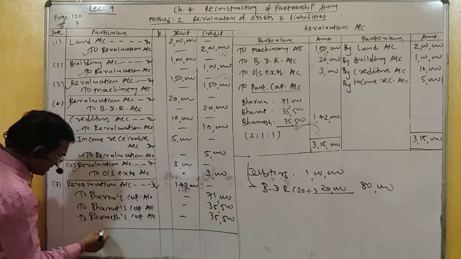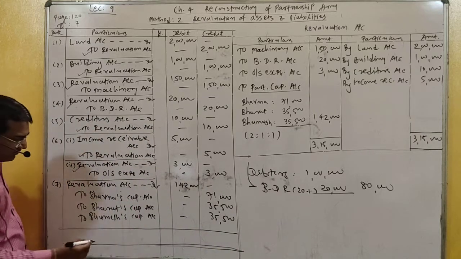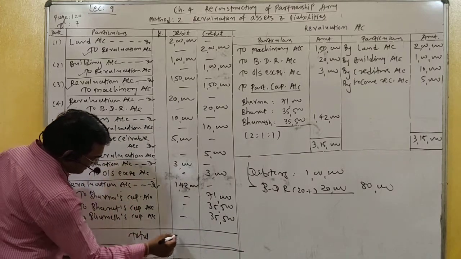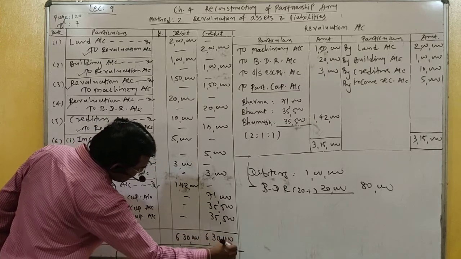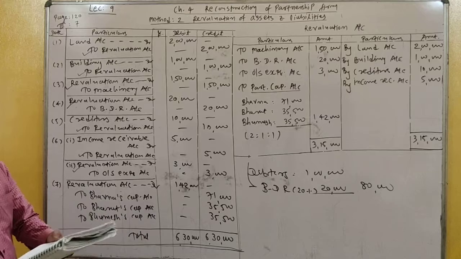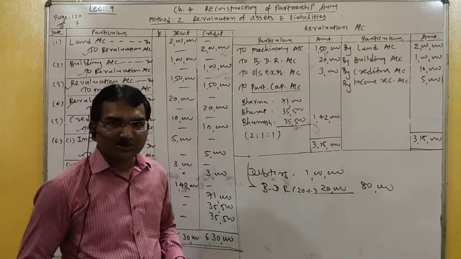Right? And at last make the total. Total of journal is 6,30,000. So this is the example of revaluation of assets and liability. Right? Okay. Thank you very much.